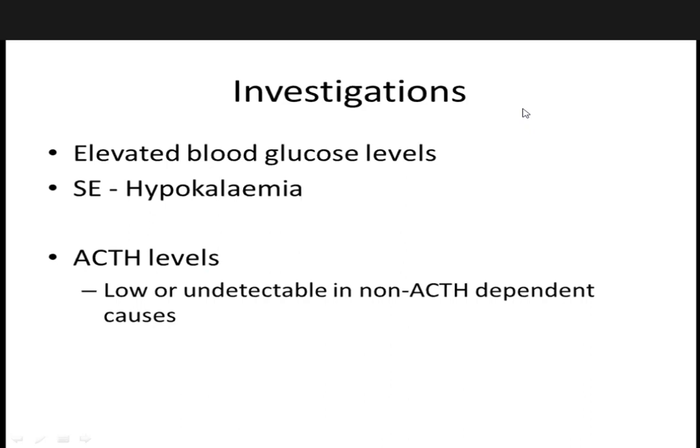Usually these patients will have hypertension and diabetes mellitus in a given scenario.